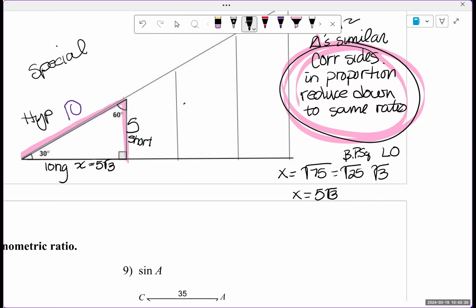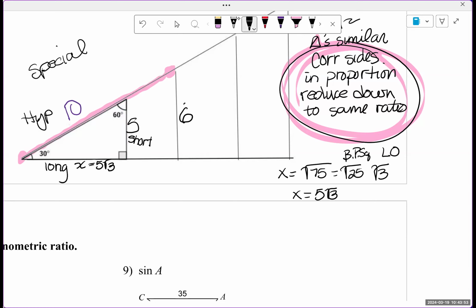Okay. So now if short leg to short leg is 5 to 6, yeah? So now if the short leg is 6, does anyone want to guess what the hypotenuse is going to be? Ding, ding, ding.